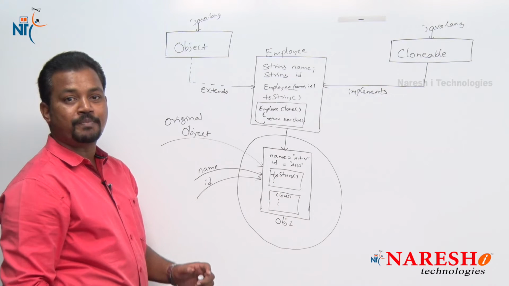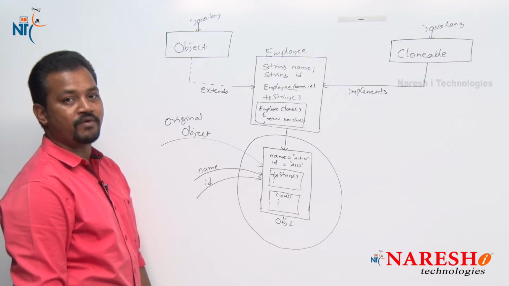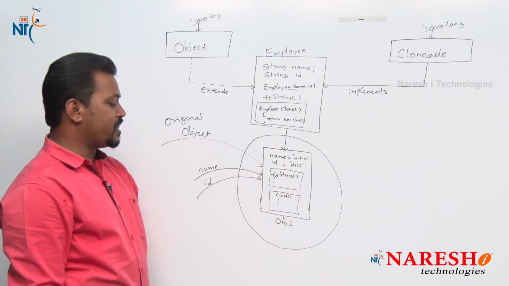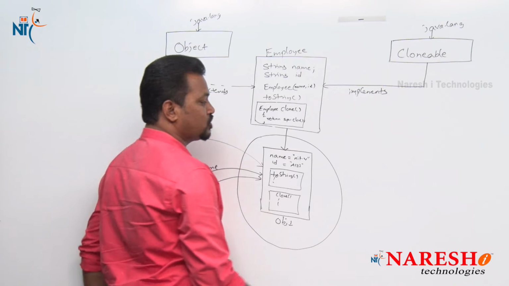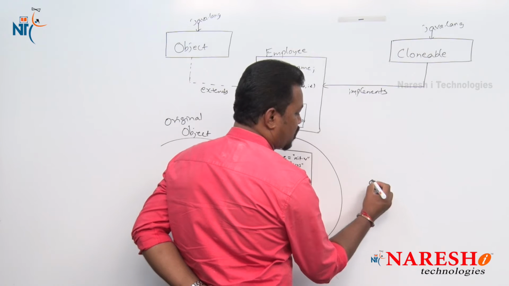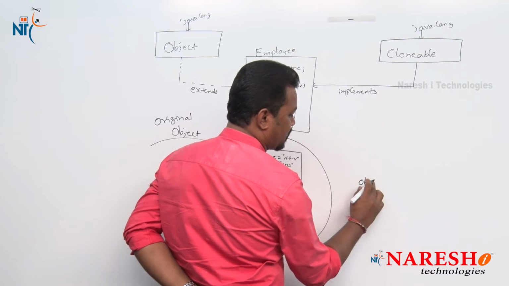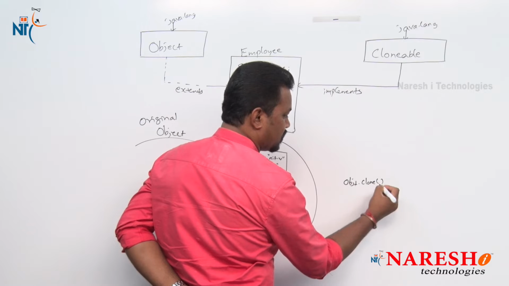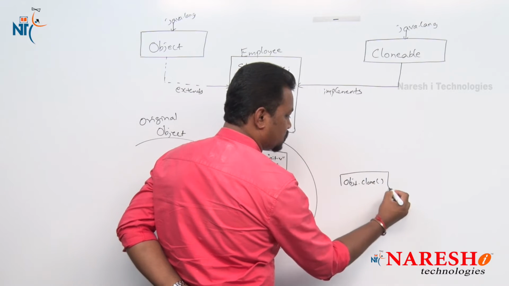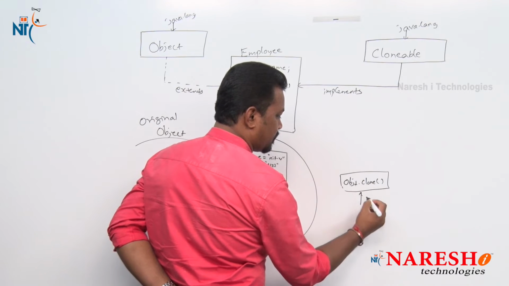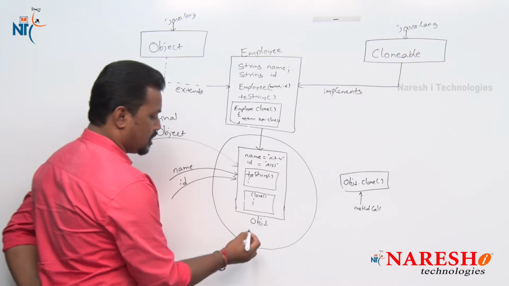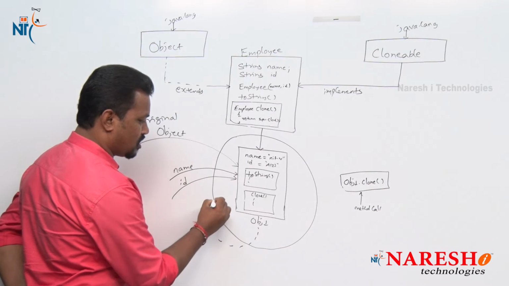Now whenever I want to perform a cloning process, I must call this method only. Whenever I perform this call, obj1.clone, I am calling it a method call.